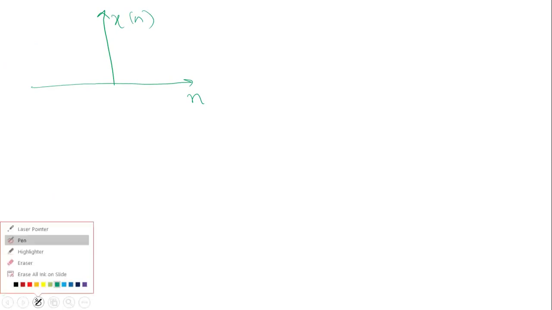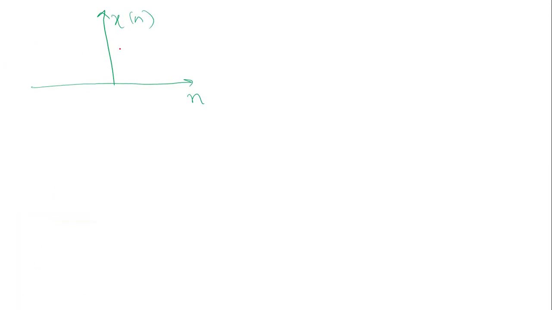For example, we have a sequence Xn, existing at some -1 and then 1 and then this is 0.